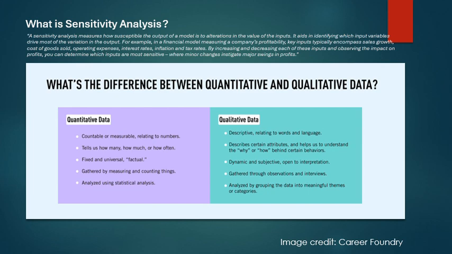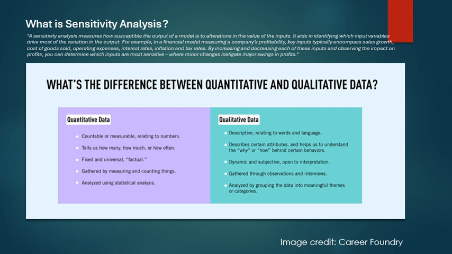So what's the difference between quantitative and qualitative data? Quantitative data is countable or measurable relating to numbers, tells us how many, how much, or how often. Fixed and universal, factual, gathered by measuring and counting things, analyzed using statistical analysis.